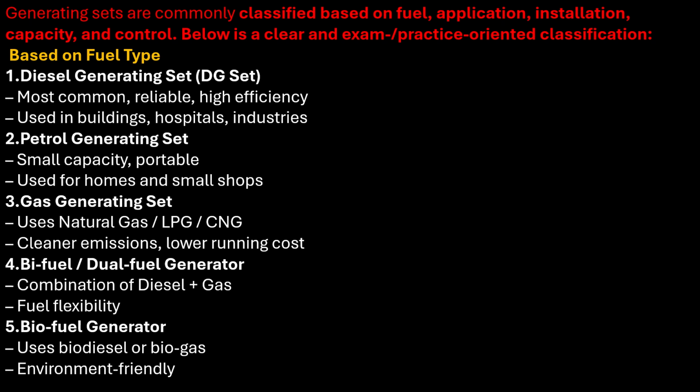Fourth, bifuel or dual fuel generator. That means they are a combination of diesel generating set plus gas generating set. In this case, there is fuel flexibility. Fifth is biofuel generator, where they use biodiesel or biogas, and they are environment friendly.